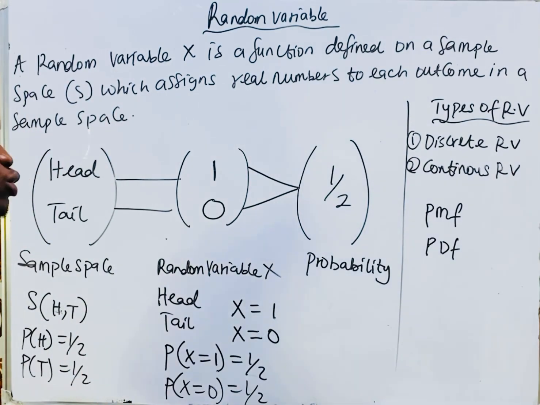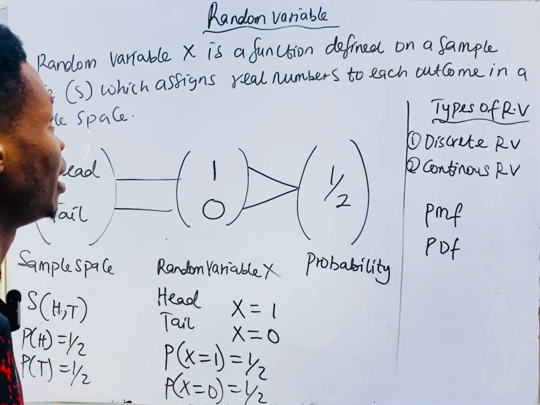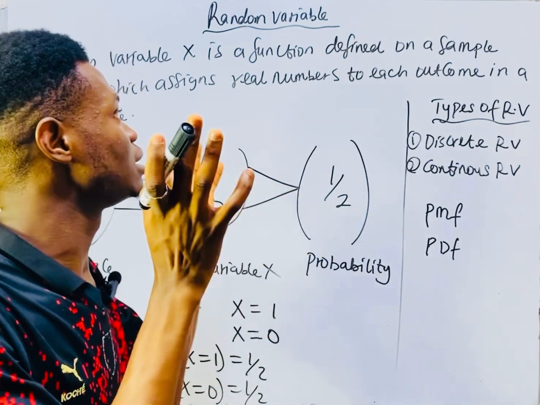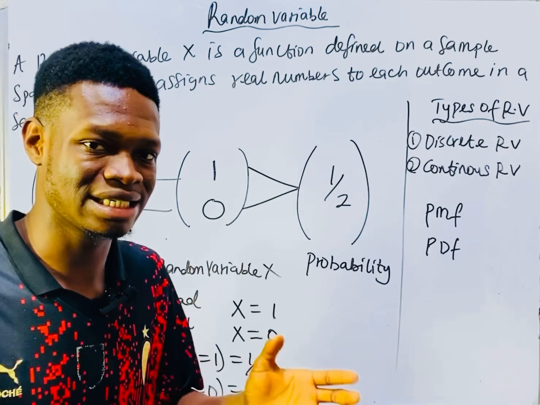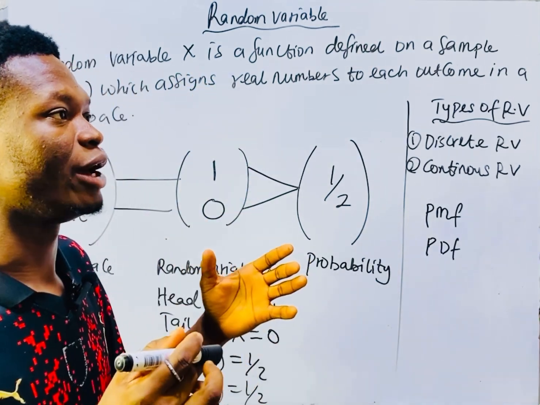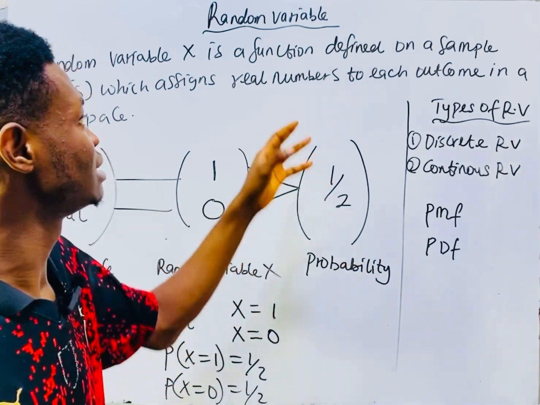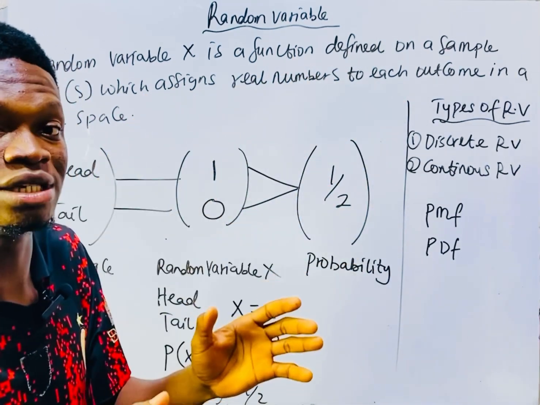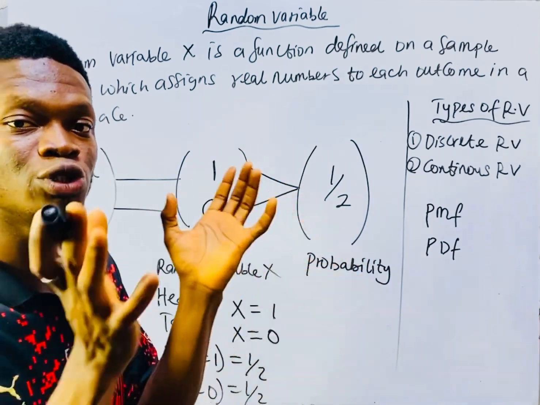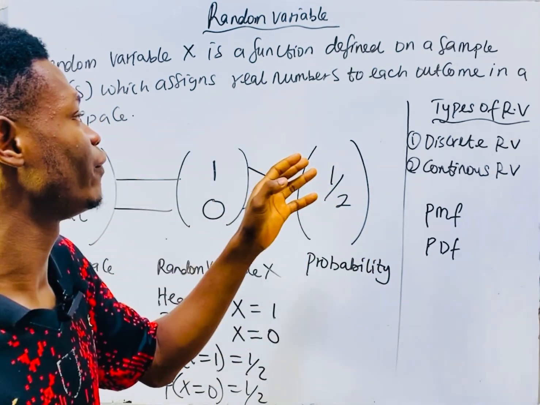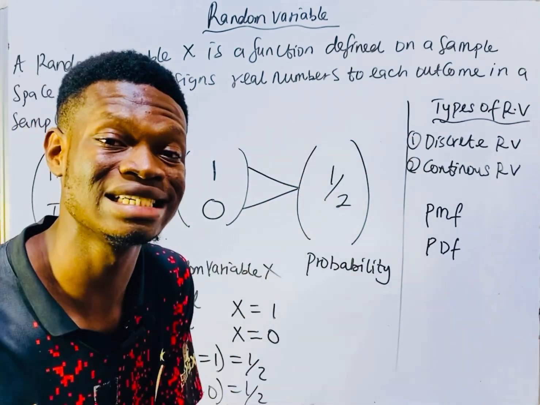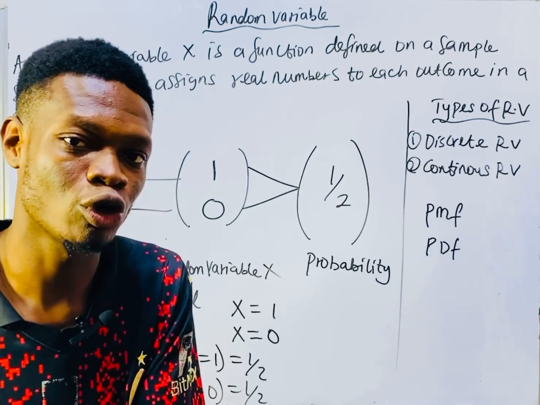I hope you understood what we have said about this random variable. In simple terms, it's just that variable, capital X or Y, that is defined on a sample space and assigns a real number to each outcome in the sample space.